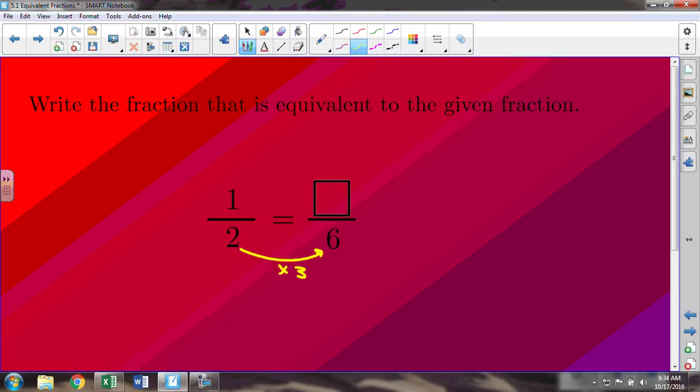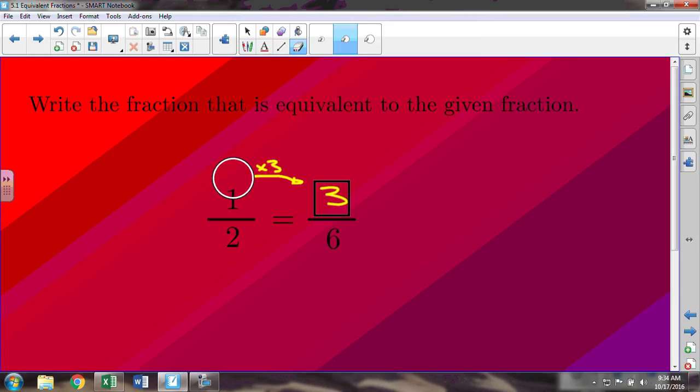I have to multiply by 3. Well, doing that same multiply by 3 in our numerator, I can figure out what my answer is. And so, there I'm done. These pieces, again, don't need to be written down. Those are just your thoughts.